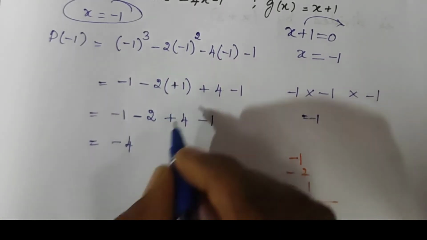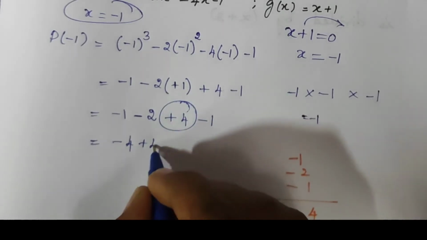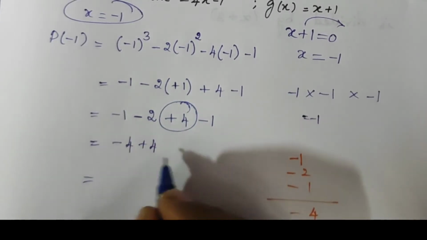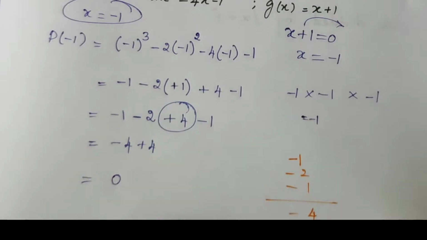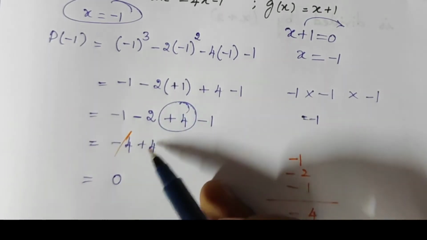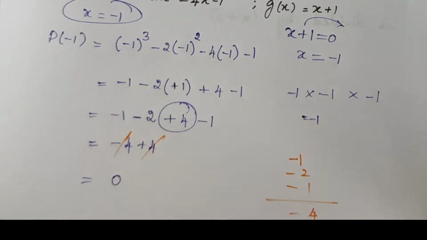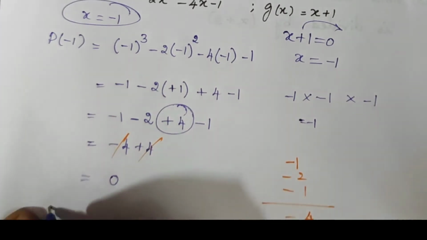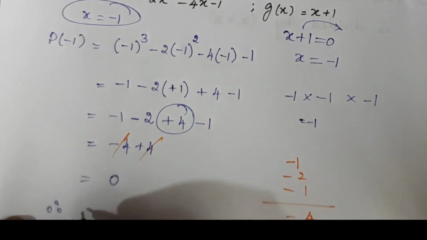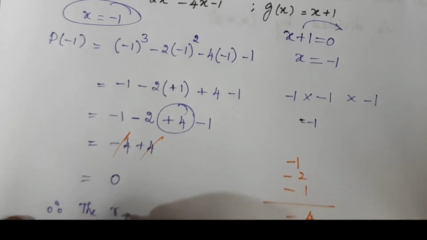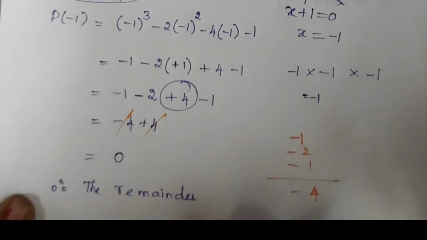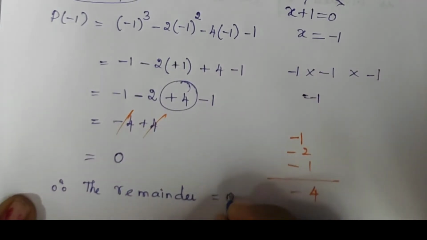So minus 4 and plus 4 is there. Minus 4 plus 4 will get cancelled, so it is equal to 0. Therefore, you are asked to find the remainder, right? Therefore, the remainder is equal to 0.